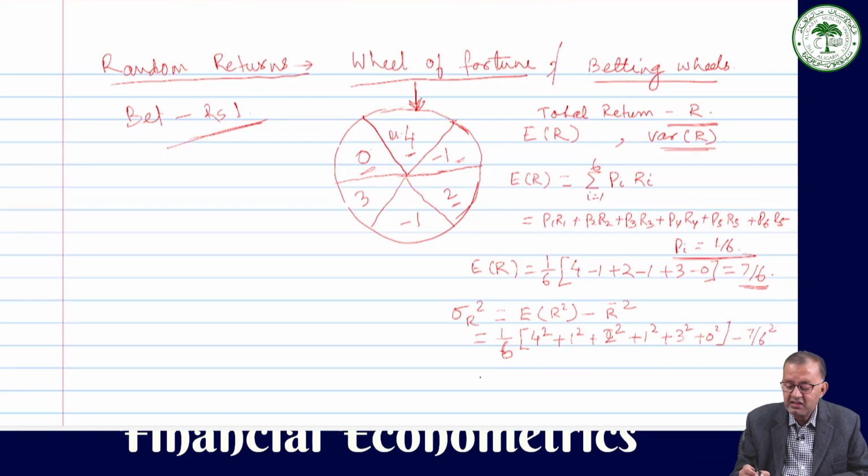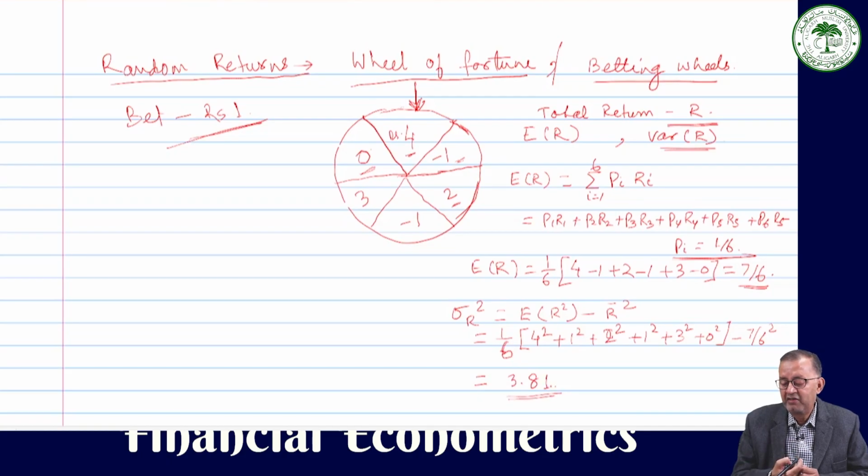And this entire area, if you calculate 16 plus 1 plus 4 plus 1 plus 9 minus 7 by 6 square, 49 by 36, this entire comes out to be 3.81.